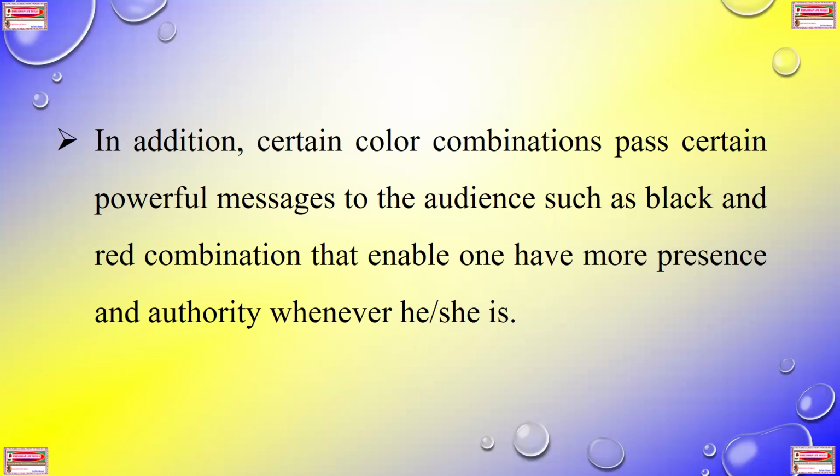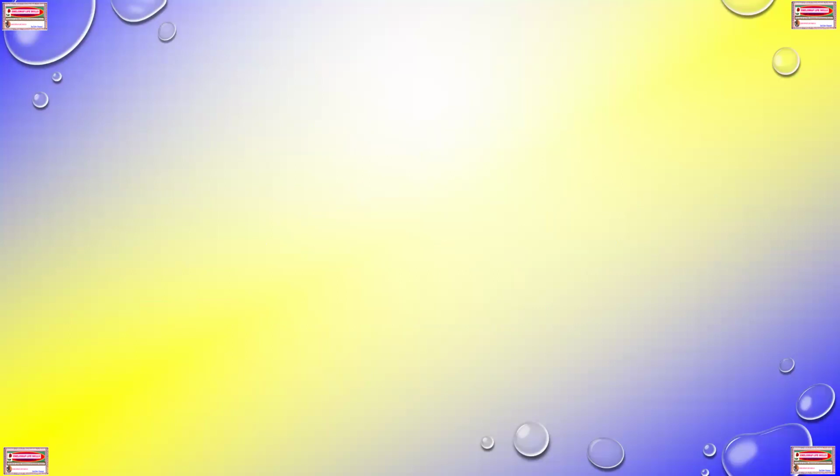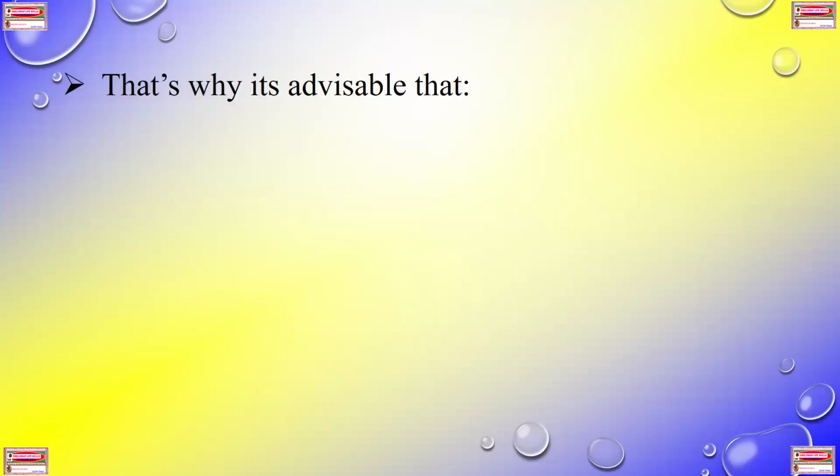And now that you know that each color has a certain meaning, if you want to pass messages that enhance each other and don't contradict each other, you can dress in a combination of colors, bearing in mind that each color should enhance the message that the other color is passing. So you are free to combine the colors, but mostly the colors that I have mentioned in this presentation.